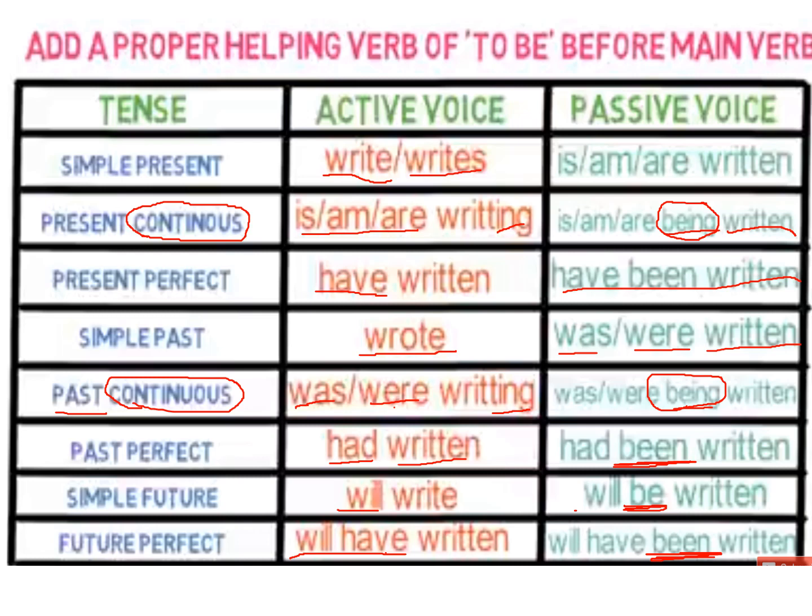Just very calmly you understand. If you listen to it carefully and read it carefully, you will be able to understand and you will never make a mistake in transforming active voice into passive voice. So the things you have to keep in mind are the tense and the number in the sentence.